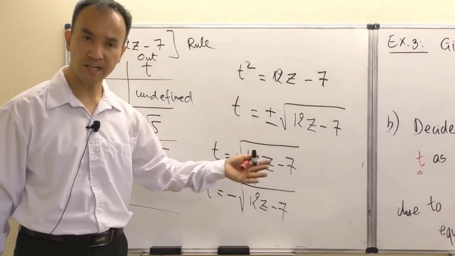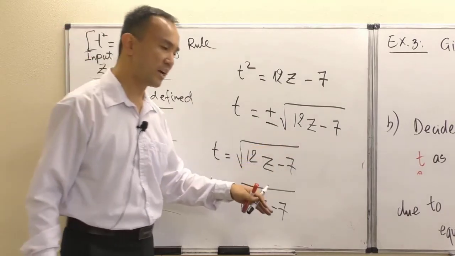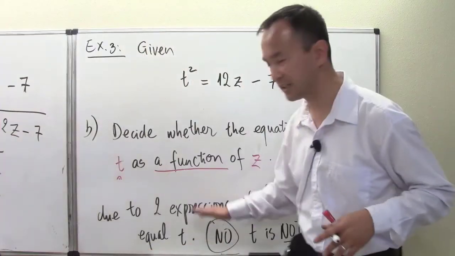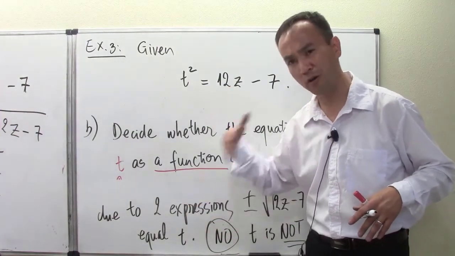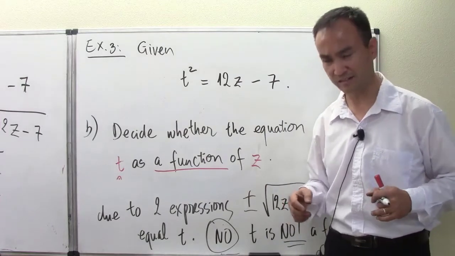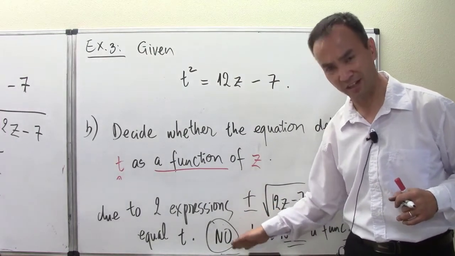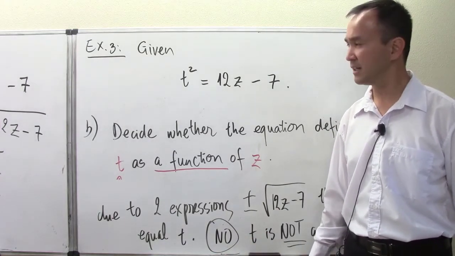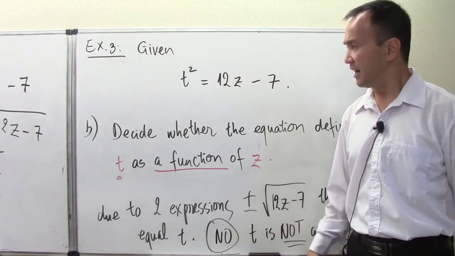Then you say yes, you have a function. But I don't need anyone to write down this detailed explanation, because it's just the logical process in your mind. You don't have to write this line down in your written work when you're deciding whether an equation can be a function or not.